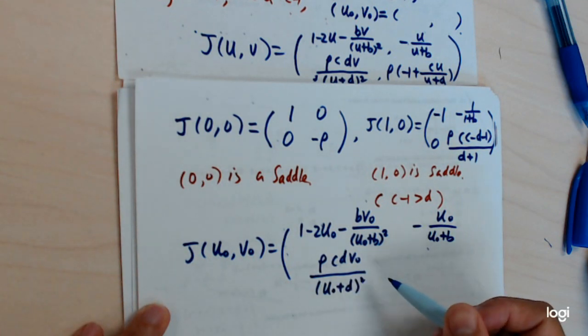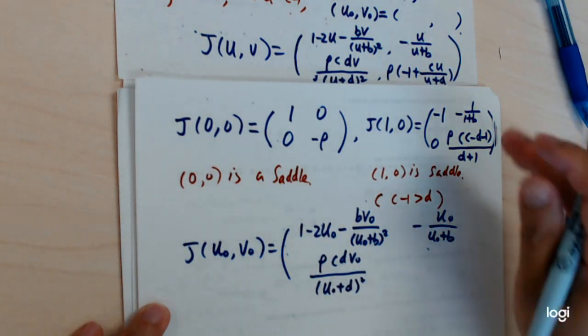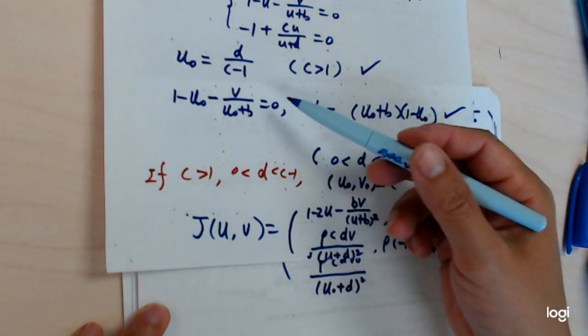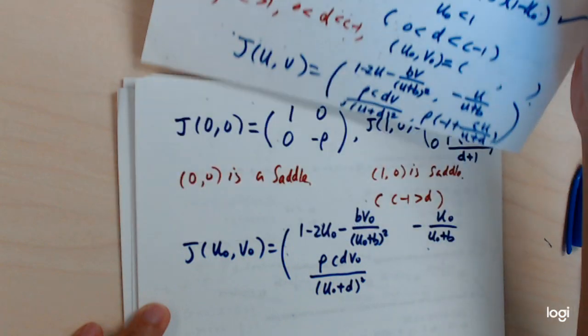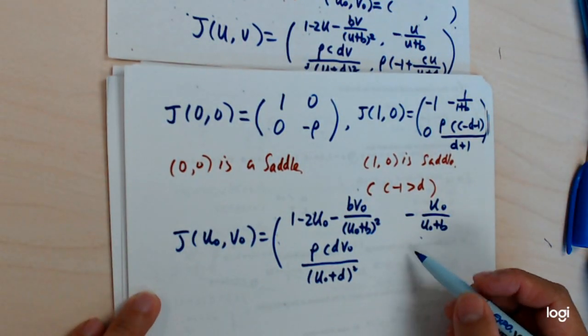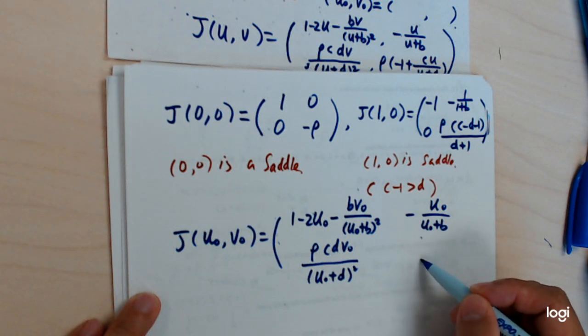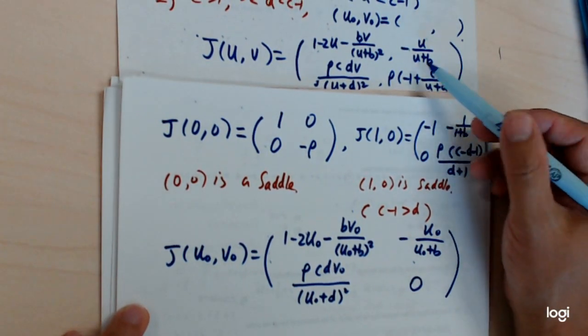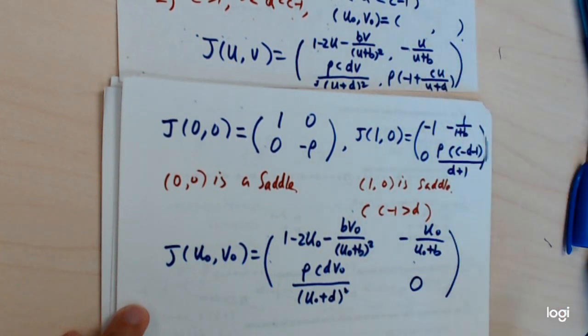And notice I did not take the precise formula for u naught, which is supposed to be this. But that's something you can try to plug in, and that'll give you a more precise condition. And this one turns out to be 0. I want you to think about why that is 0. That is because this term back here is always 0.